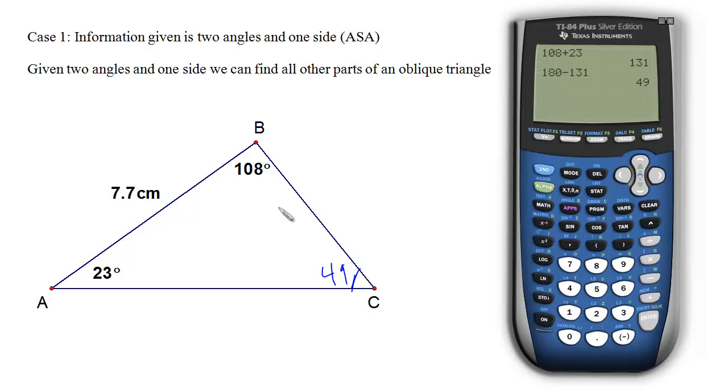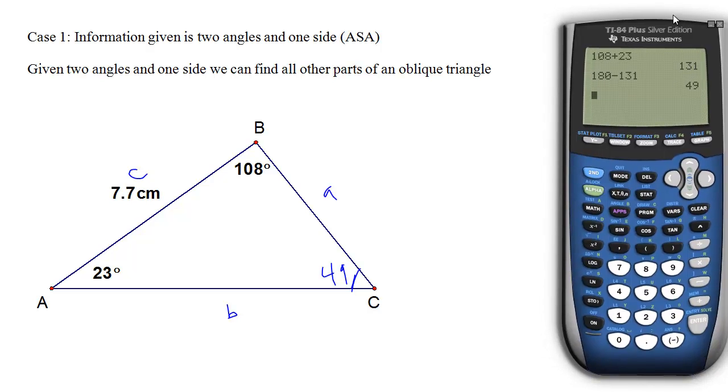Now let's find the side lengths. Well, this is angle A, so this would be side A across from it. This is C, so this would be side C. This is angle B, so this would be side B. So let's start with finding A. Well, using our ratios, we can set up a proportion.